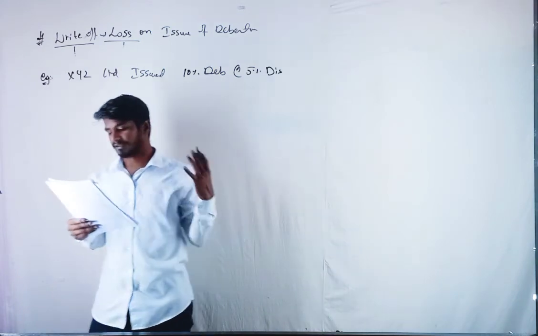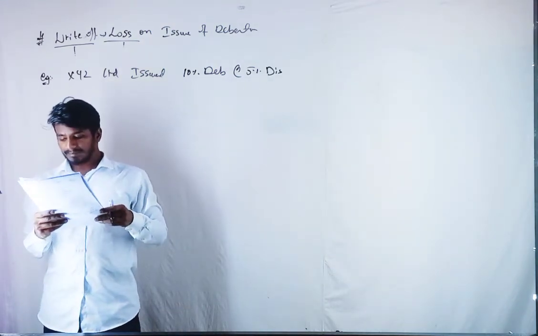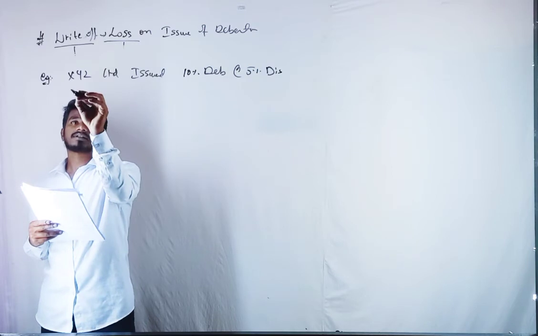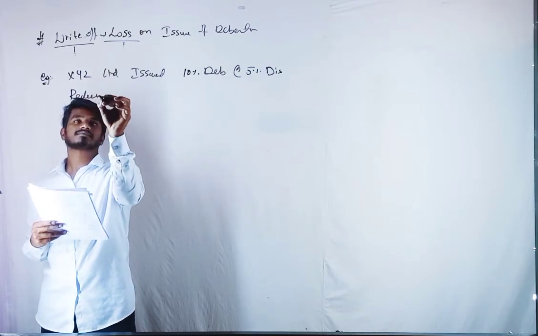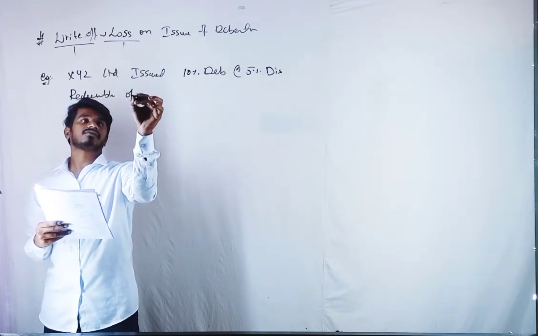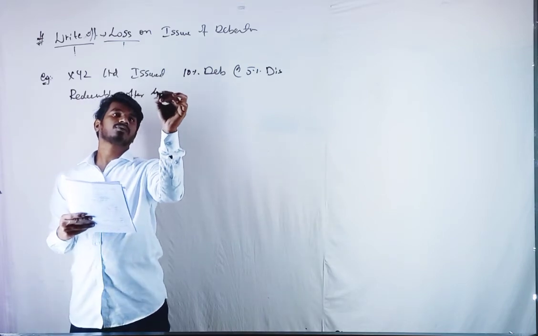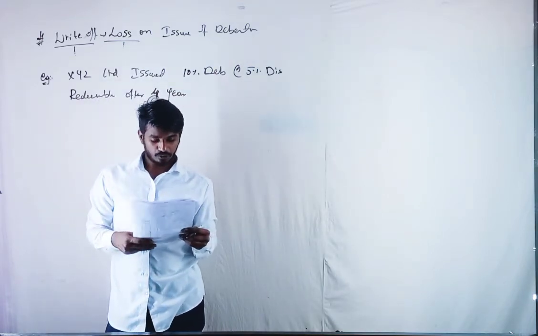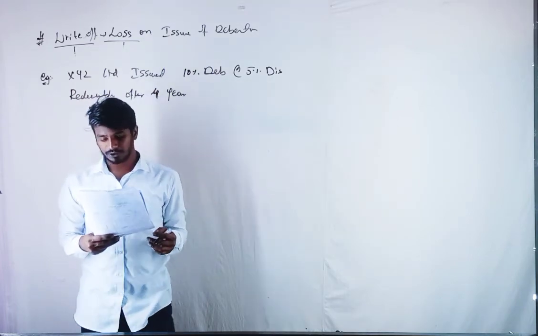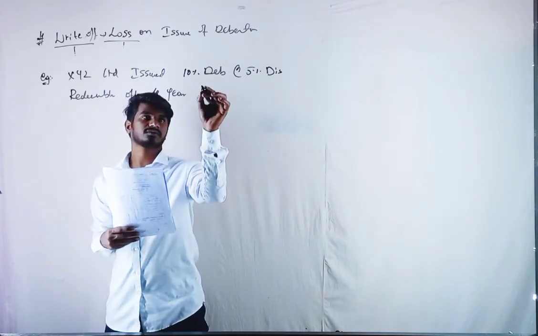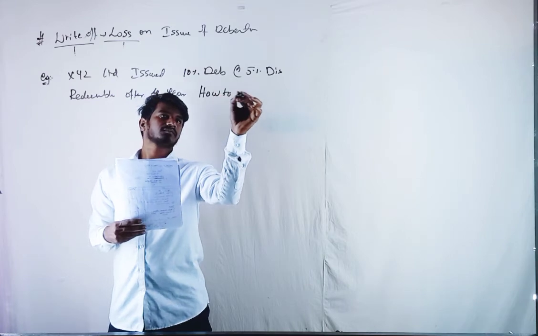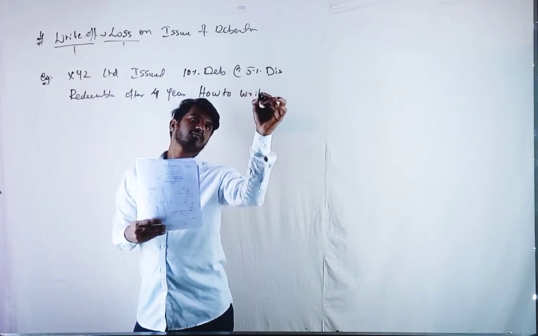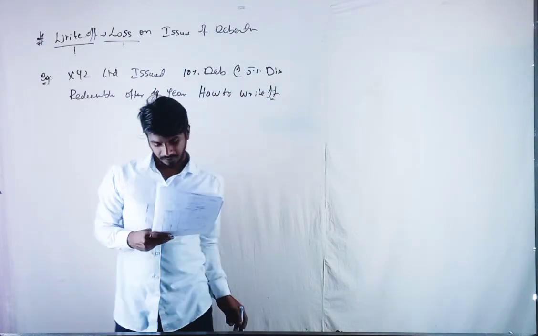Okay, fine. Redeemable after 4 years. How to write off the loss on issue of debenture?